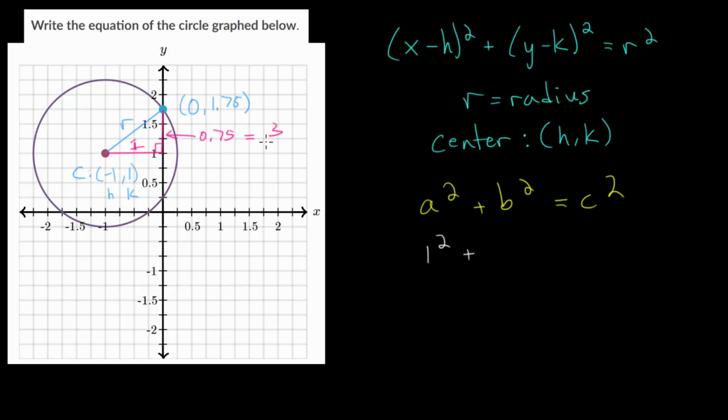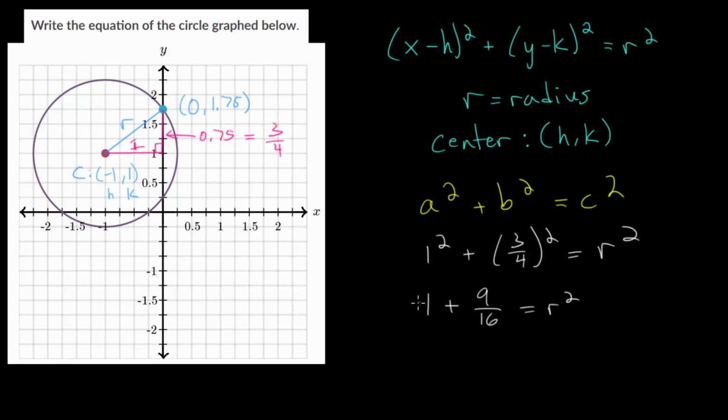I'll write this as 3/4 since it's a little bit easier to square a fraction, but if you want to leave it as a decimal, that works as well. So we have 3/4 squared, and this is equal to the radius squared. So 1 squared is 1, and 3/4 times 3/4 would be 9/16.